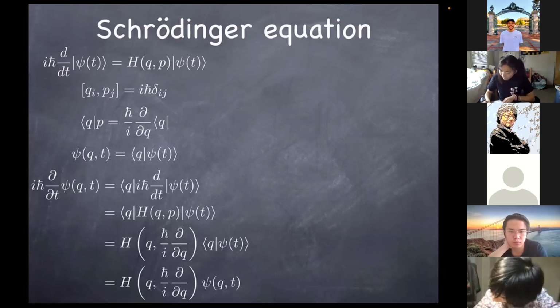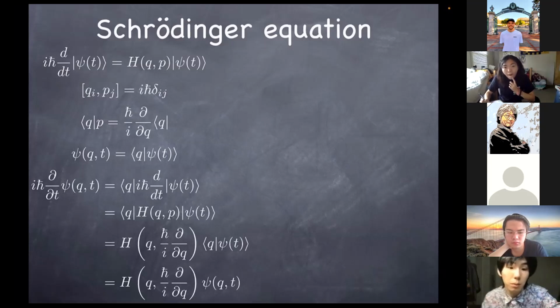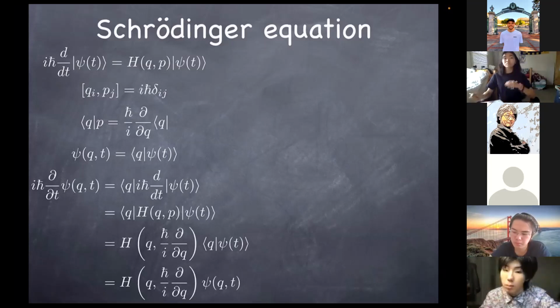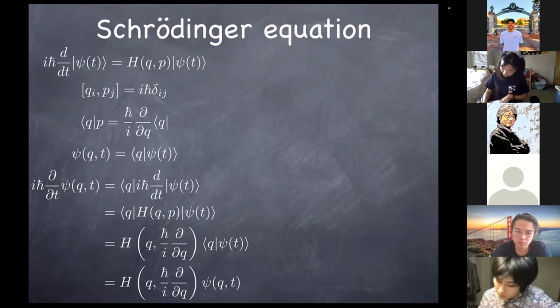So in the initial formulation on the first line, psi is a sort of abstract vector in a Hilbert space, which doesn't depend on Q or P. It's just an abstract ket that depends only on time. But using this idea of taking the inner product between the eigenbra of the Q operator and the state ket psi, you can define this wave function that depends both on Q and t.